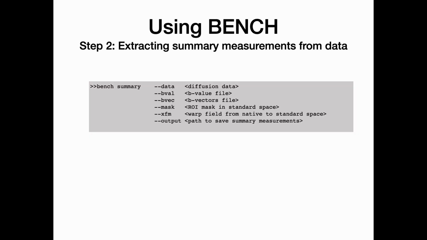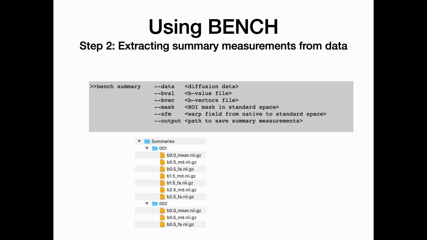For this, there are two options available in Bench. It can be either based on the diffusion tensor model or spherical harmonics. The bench summary subcommand takes the diffusion data as input per subject and then produces summary measurements such as mean diffusivity and fractional anisotropy, and then transforms these measurements into a common space using the warp fields.